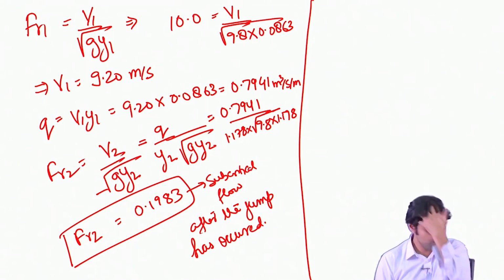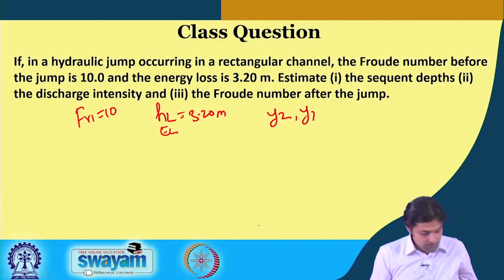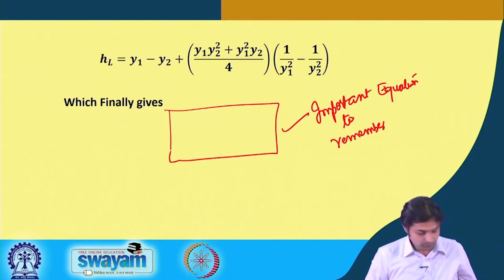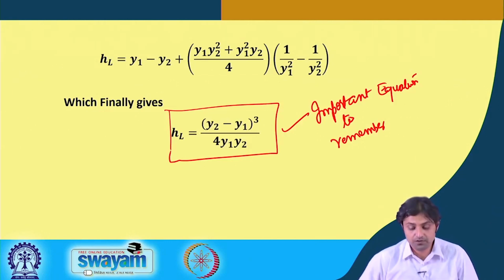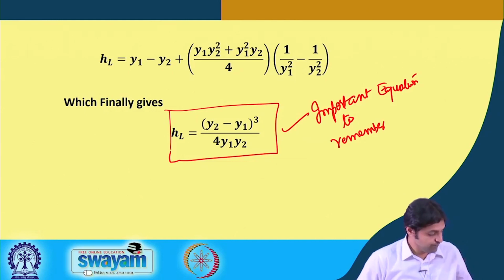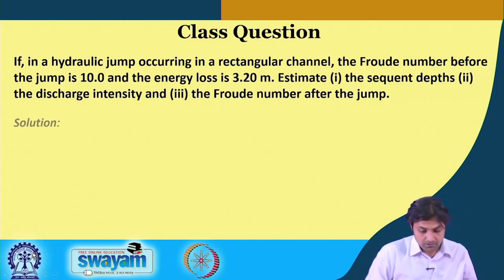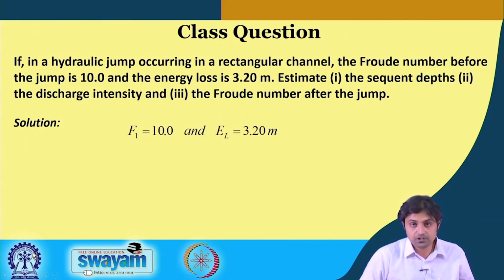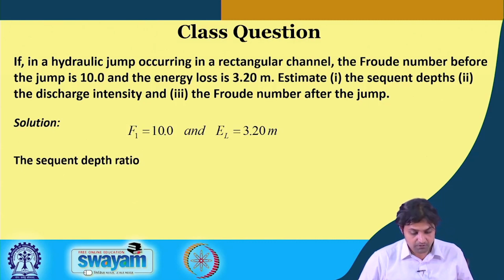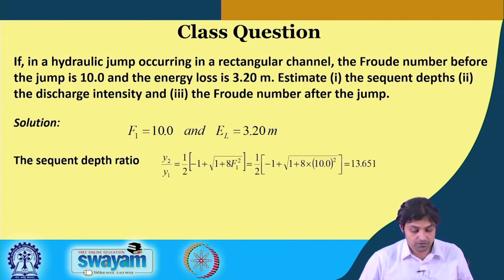So, you see how this formula of energy loss is equal to (y2 minus y1) whole cube divided by 4 y1 y2 is important. Okay. So, there is a solution as always here, I have gotten it typed down. So, sequent depth ratio.